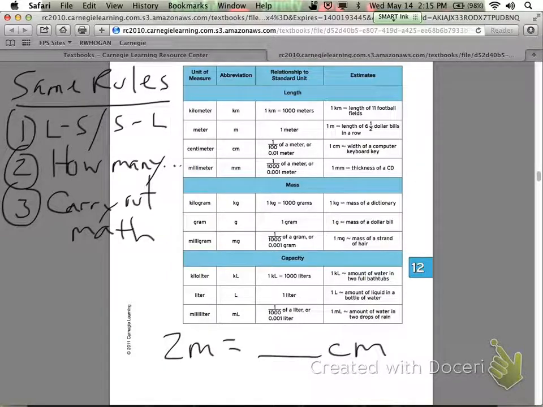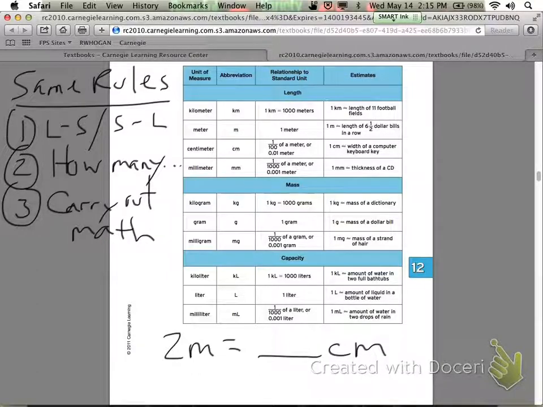So let's look at a couple of converting problems together to make sure we understand how to convert from one metric unit to another. I have 2 meters and I want to figure out how many centimeters that is going to be. So first I have to establish if this is large to small or small to large. This is large to small.